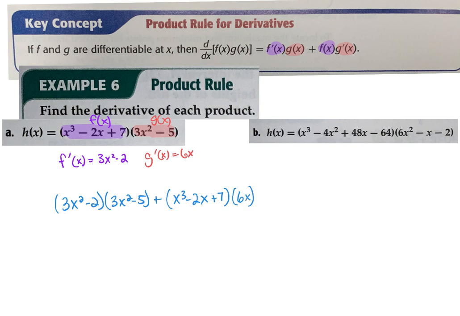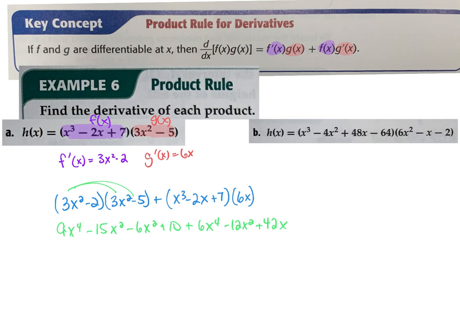And then you just simplify it. So, FOIL and distribute and combine like terms. So we would say 9x to the fourth minus 15x squared minus 6x squared plus 10 plus 6x to the fourth minus 12x squared plus 42x.